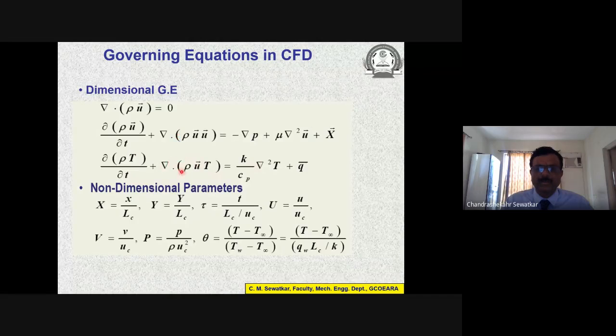So if you compare the momentum equation and the energy equation, you will find that the form of the equation is almost the same. So we can represent both these equations with the help of a single parameter, maybe we can call it phi. These equations can also be normalized or non-dimensionalized.